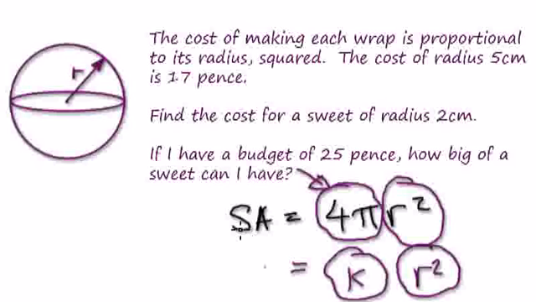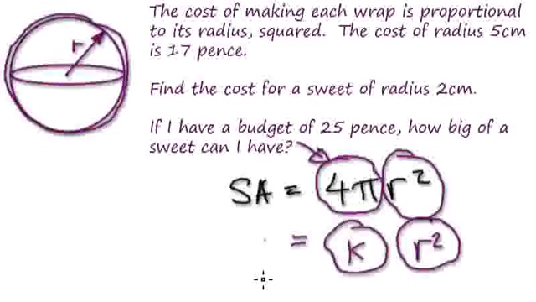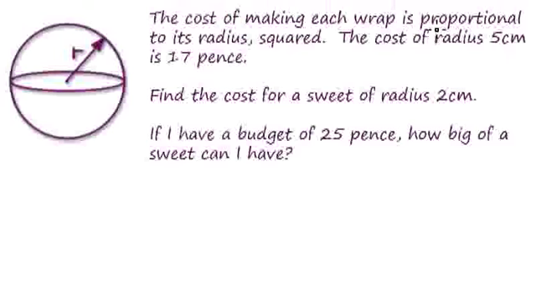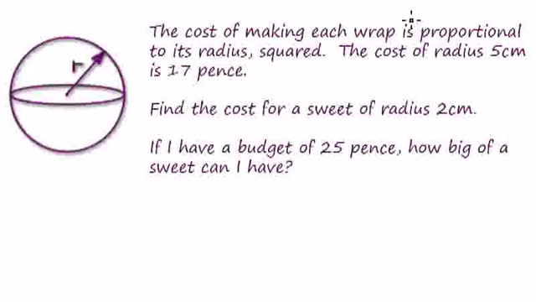The surface area is a good indication of the material you would need to make that wrap. So it's pretty reasonable to say that the cost is proportional to the radius squared.